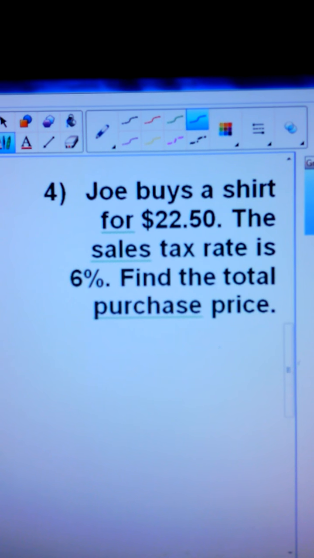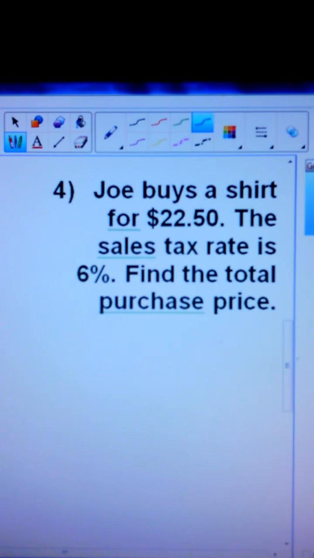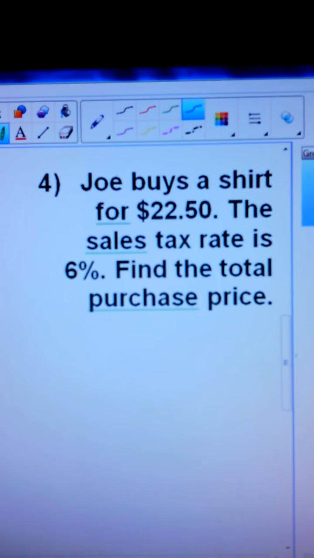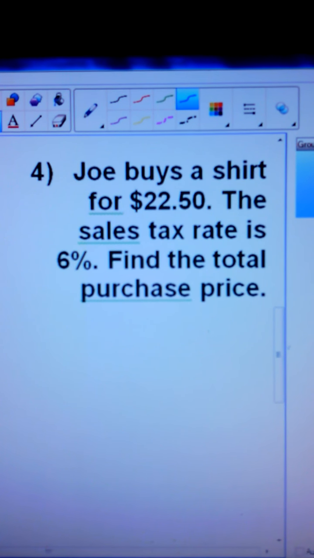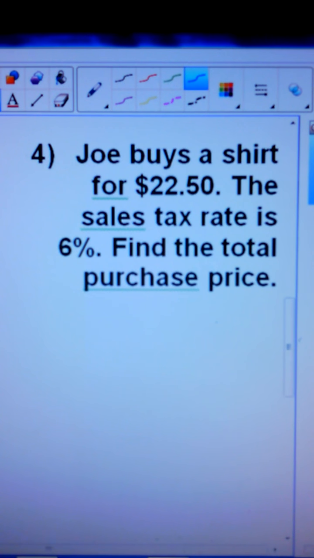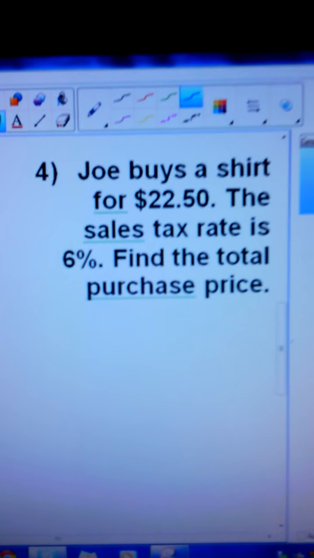Well, think about when you go to the store and buy something. How does the cashier incorporate the sales tax into your purchase? Yeah, the sales tax rate is actually used to multiply. So that's what we'll do to find the amount of sales tax.